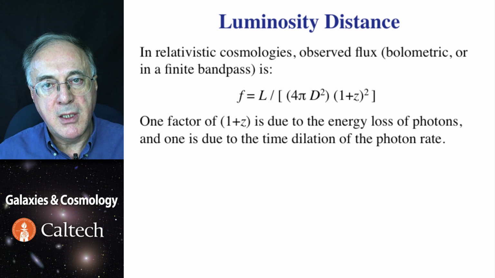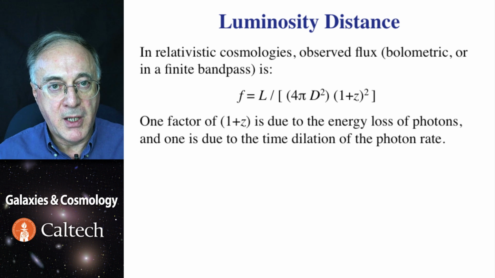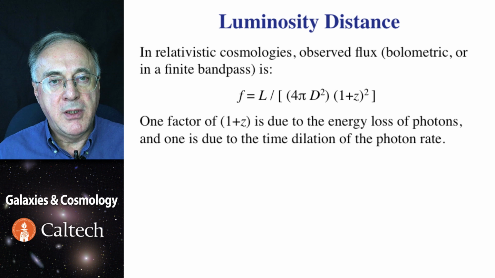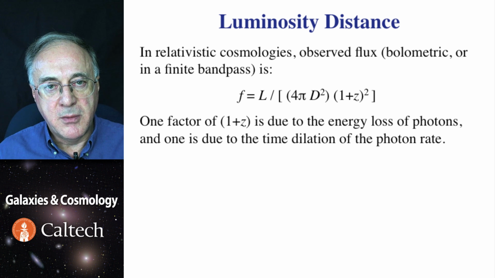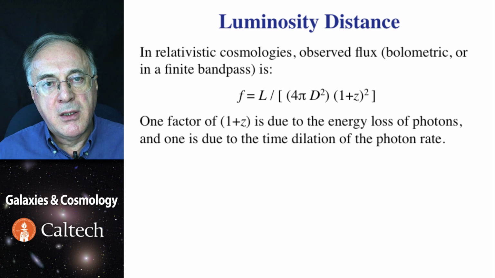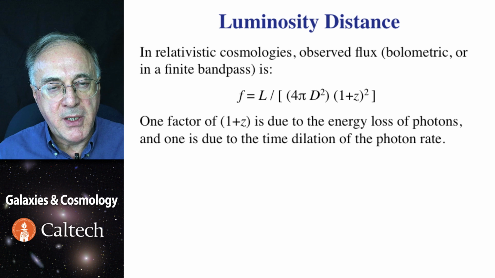The clock ticks slower there by a factor of 1 plus z from our point of view, and so the rate of the photon emission is affected by exactly the same factor. So we have (1 plus z) squared in the denominator. In other words, in an expanding relativistic universe, objects appear dimmer than they would if the universe wasn't expanding.